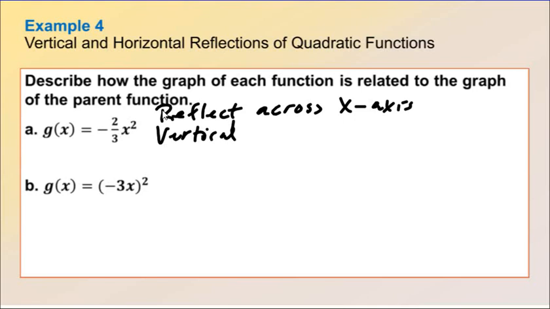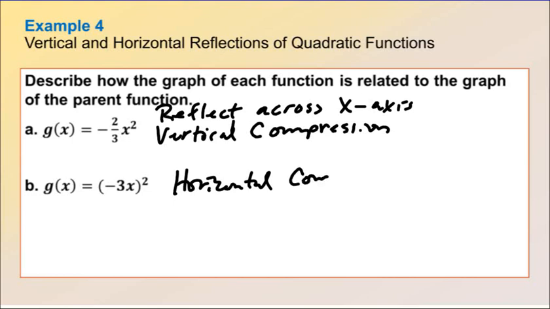The absolute value of negative 2/3 is 2/3, which is less than 1. For vertical, this would be a vertical compression. Next one, the negative and the 3 are inside, so this is horizontal, and this is a horizontal compression. The negative means this is a reflection. It's on the inside, so it reflects over the y-axis, so it affects our x-coordinate.